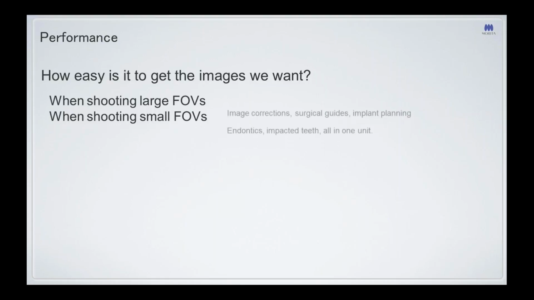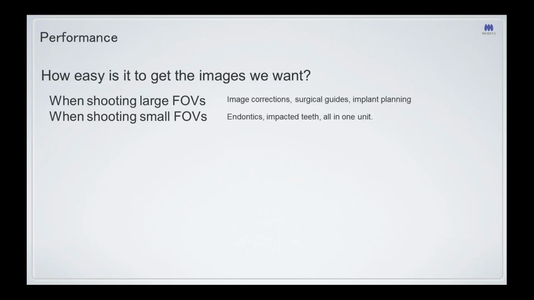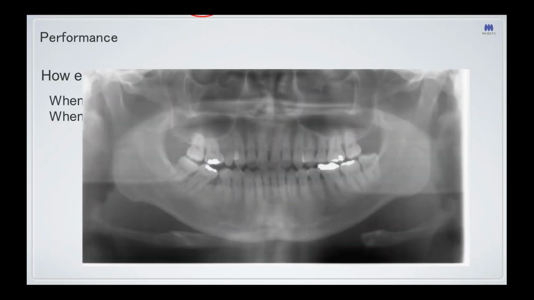Most machines will provide a two-directional scout function, which takes a posterior, anterior, and lateral image that allows you to change and manipulate on the computer where you want the volume to be taken. And in some cases, you can actually do this on the panoramic image itself.